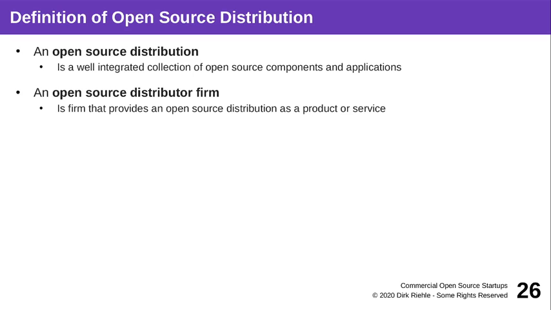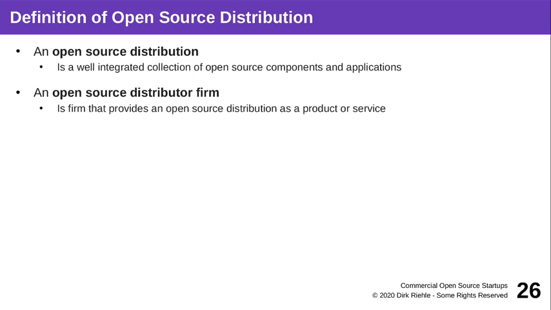Achieving that is not so easy because it's a large set of components and because they are easily misconfigured, there is significant value in making the pieces work together well, hence creating a distribution.